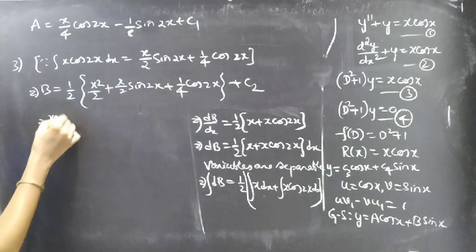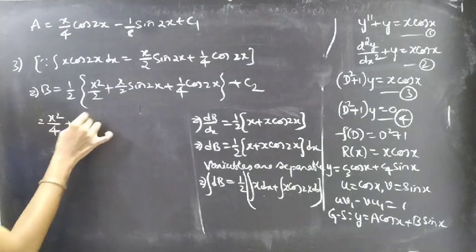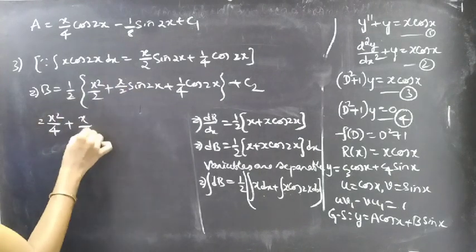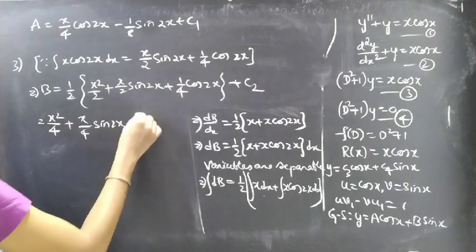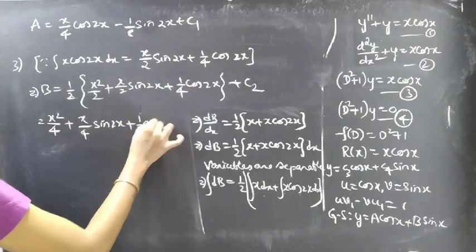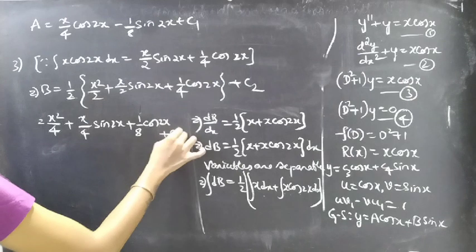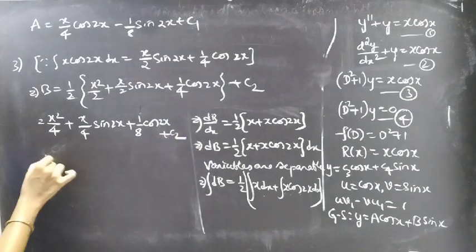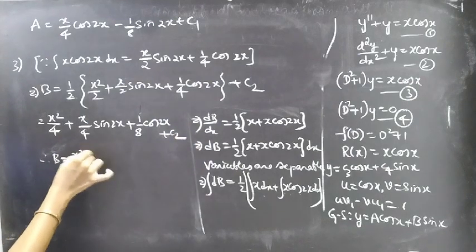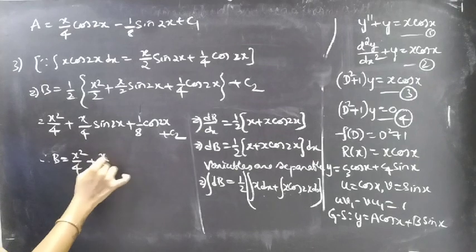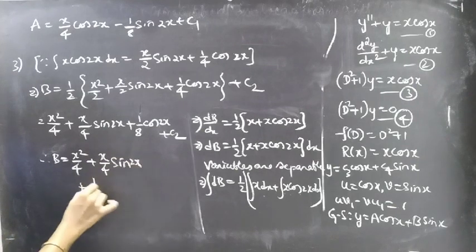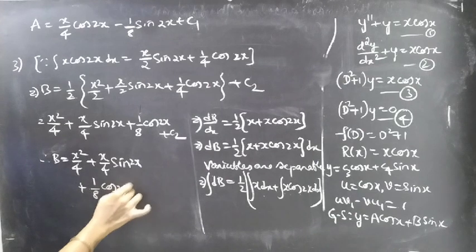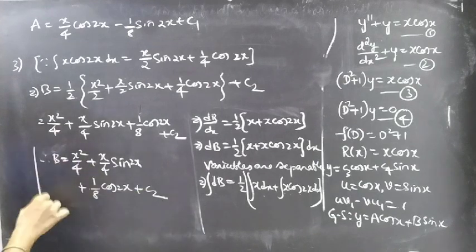This gives us x square by 4 plus x by 2, 2 twos are 4, sine 2x plus 1 by 2 into 1 by 4, which is 1 by 8, cos 2x plus c2. Therefore, b equals x square by 4 plus x by 4 sine 2x plus 1 by 8 cos 2x plus c2.